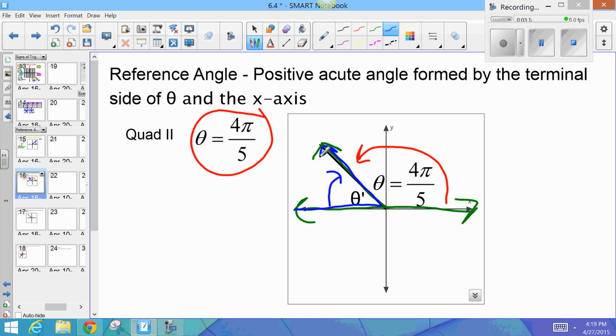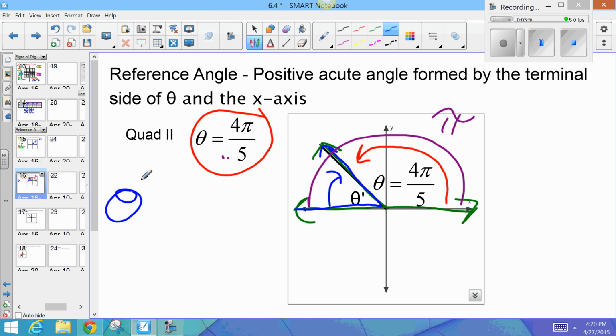What I'm going to do is take this half circle, and the measure in radians of a half circle is pi, and I'm going to subtract the red part, which is over here, 4 pi over 5. So here are my calculations. I'm going to find blue.